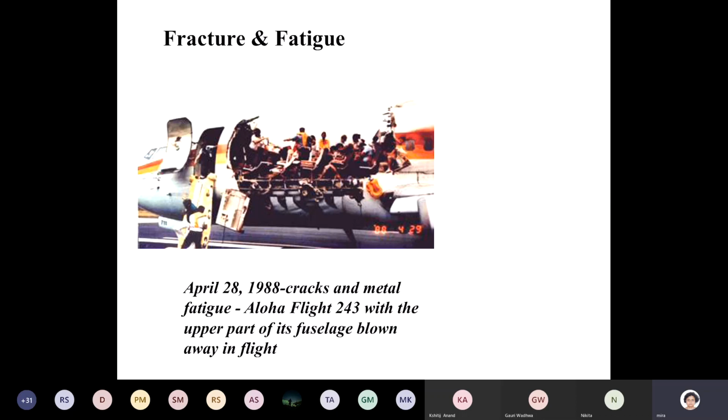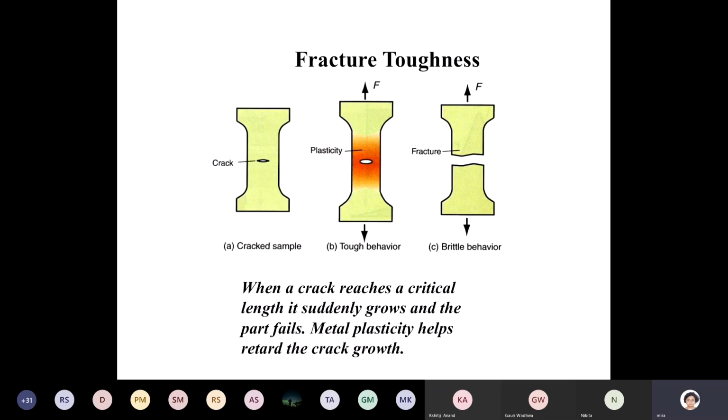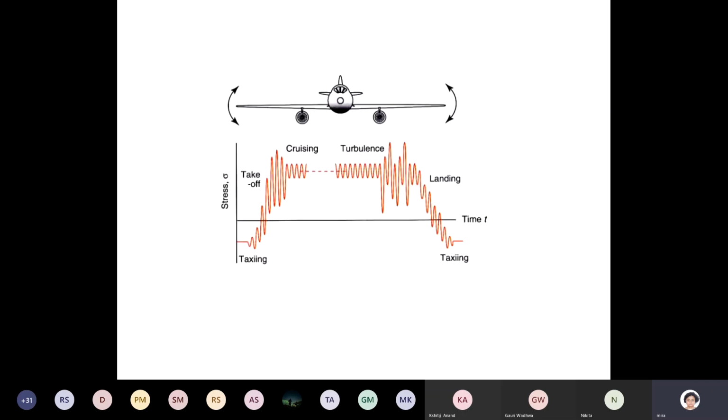And then there is fracture toughness. Probably you don't need to get into this much. And this is the kind of load that the aircraft, say the wing, experiences during its entire flight. You can see that the load is highly fluctuating in several regimes of the flight.